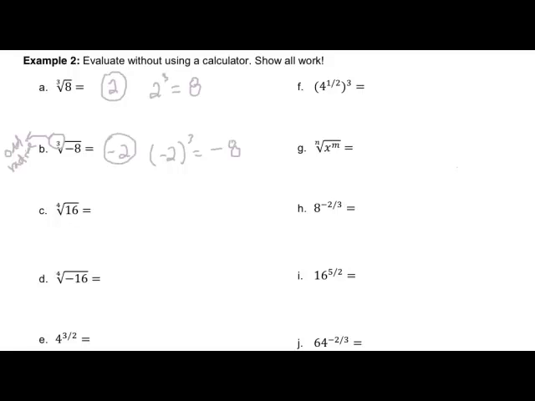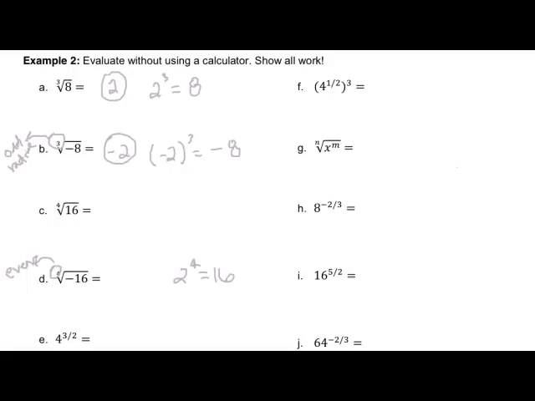Now we're going to skip down to part D. We have the 4th root of -16. Notice we have an even index. So we are looking for the 4th root of -16, a number that we multiply 4 times to get 16. Now we know that 2 to the 4th power is a positive 16.